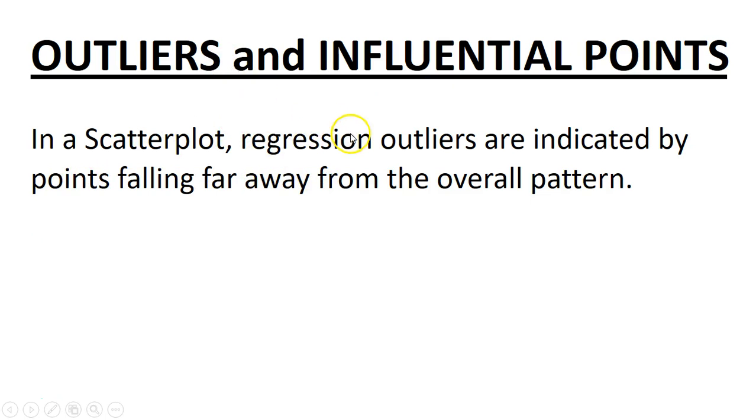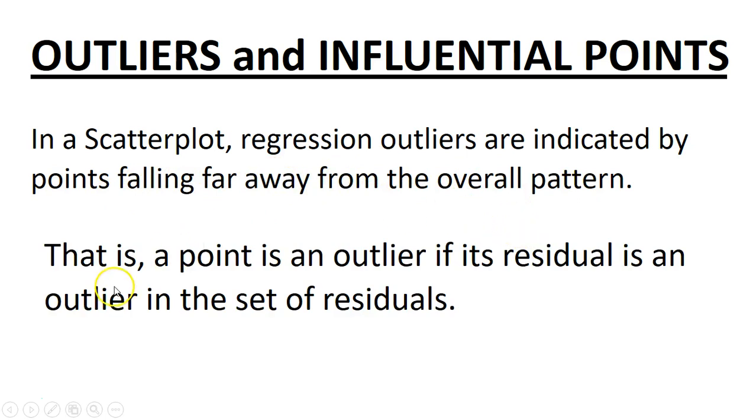In a scatter plot, regression outliers are indicated by points falling far away from the overall pattern. That is, a point is an outlier if its residual is an outlier in the set of residuals.